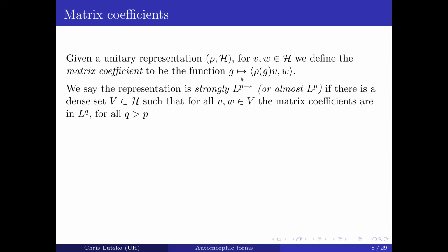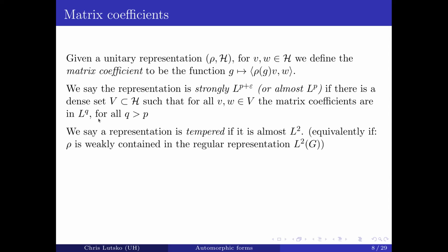And we say that a representation is strongly L^(p+epsilon) if, as a function of g, for fixed v and w, these matrix coefficients are in L^q for q bigger than p. And we say a representation is tempered if it is almost L2.